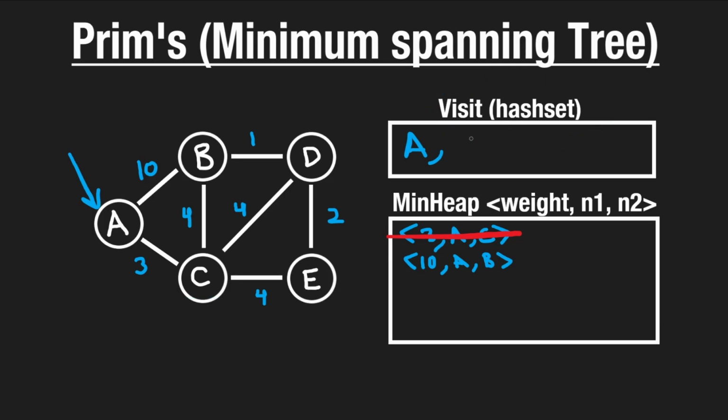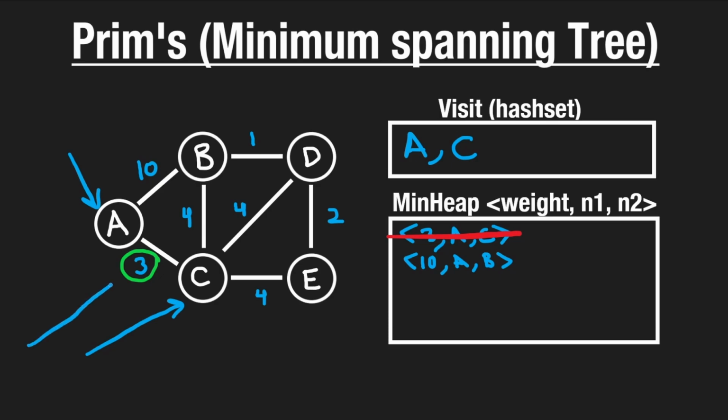Okay, let's go ahead and visit it. And to build our MST, our minimum spanning tree, we would add this edge to the minimum spanning tree. Instead of writing all that out, I'm just going to put a green circle to indicate this is part of our minimum spanning tree. So now we have 2 nodes in our frontier, just like with Dijkstra's algorithm. And we're going to continue the same way.